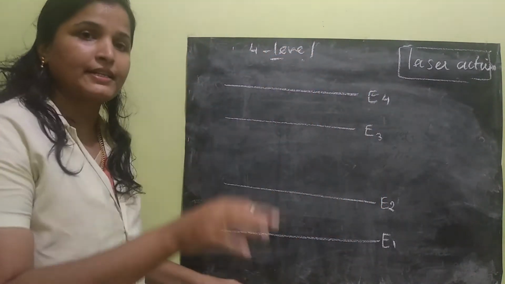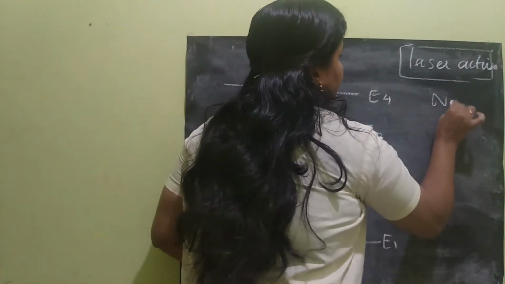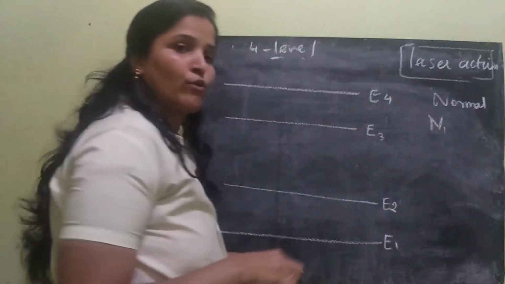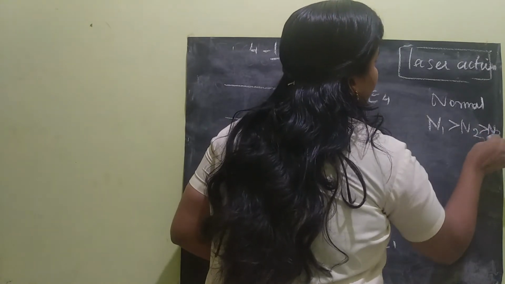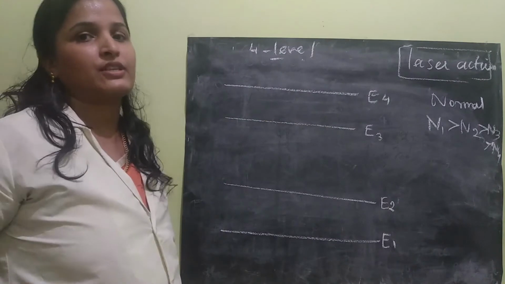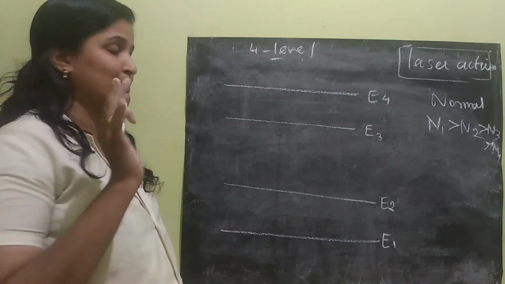Okay. So initially, we know at normal condition, the number of electrons will be like this. N1 will be greater than N2, that will be greater than N3, and that will be greater than N4, and the energy level will be just the reverse of it. Okay. So it is very similar to the previous.